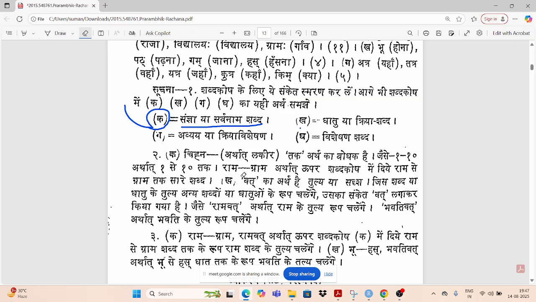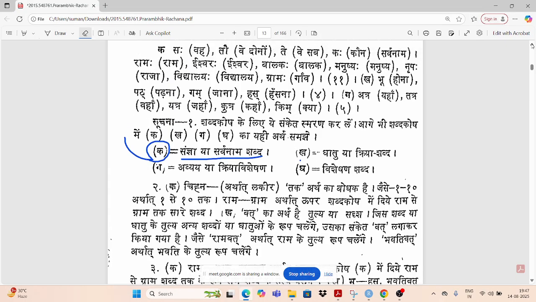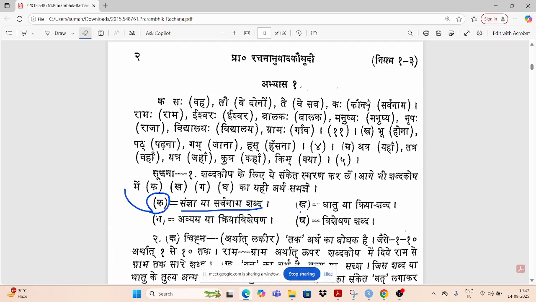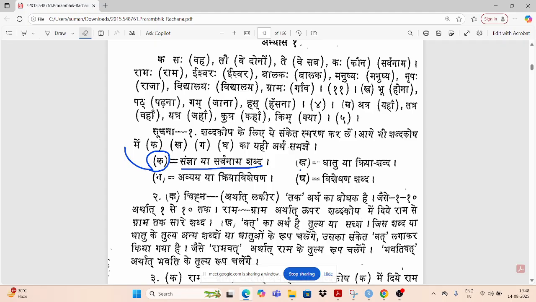this one is not that important, but chinha. So when we look at this chinha, they haven't given the chinha here, but anyway. राम ग्राम अथवा ऊपर शब्दकोश में दिए राम से ग्राम तक के सारे शब्द.